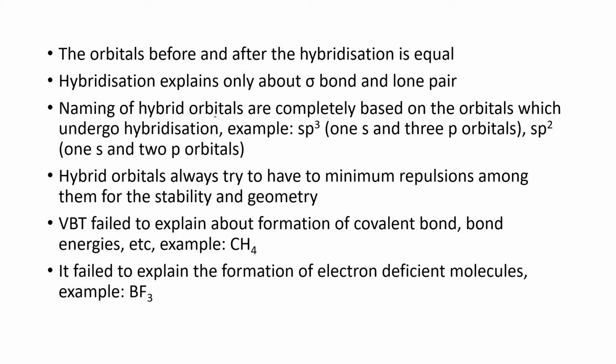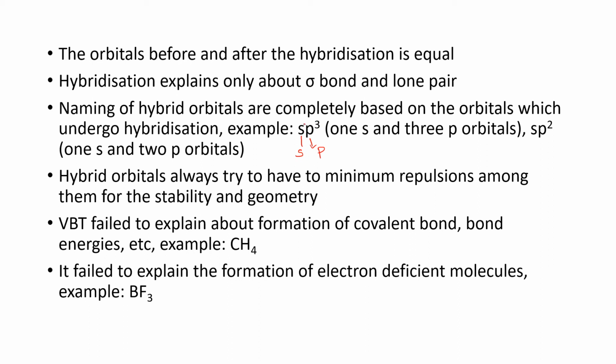The naming of hybrid orbitals is completely based upon the orbitals which undergo the hybridization. Example sp3. If you see here, the word sp3 itself tells its name. sp3 means here the s orbital is there and the p orbital is also there. How many p and how many s orbitals? It is completely based upon the number above it.